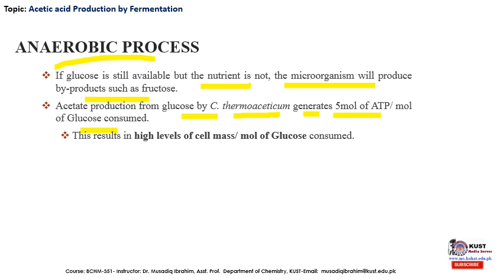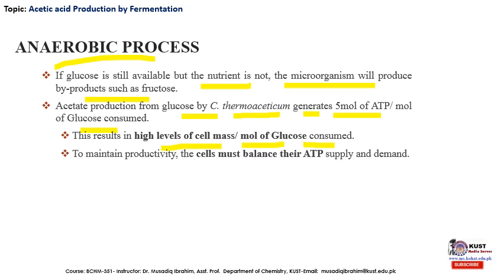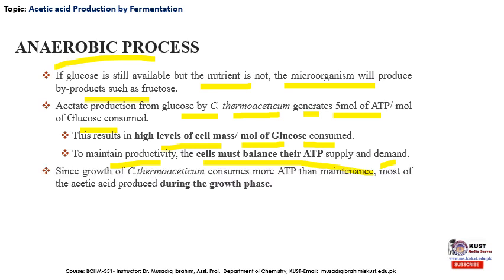This results in high levels of cell mass per mole of glucose consumed. To maintain productivity, the cells must balance their ATP supply and demand. Since growth of Clostridium thermoaceticum consumes more ATP than maintenance, most of the acetic acid is produced during the growth phase.